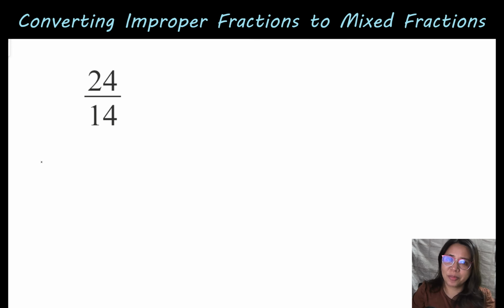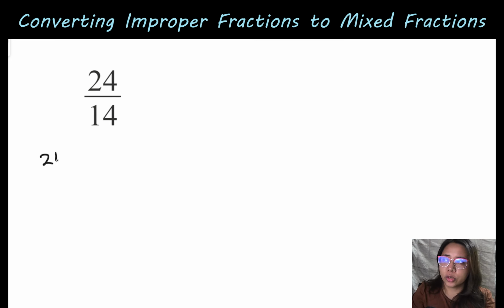So next example, we have 24 over 14. Okay, so in this case, ilalagay din natin siya sa kanya munang lowest form before natin siya i-convert sa mixed fraction. So, kukunin natin yung kanyang greatest common factor ng 24 and 14.